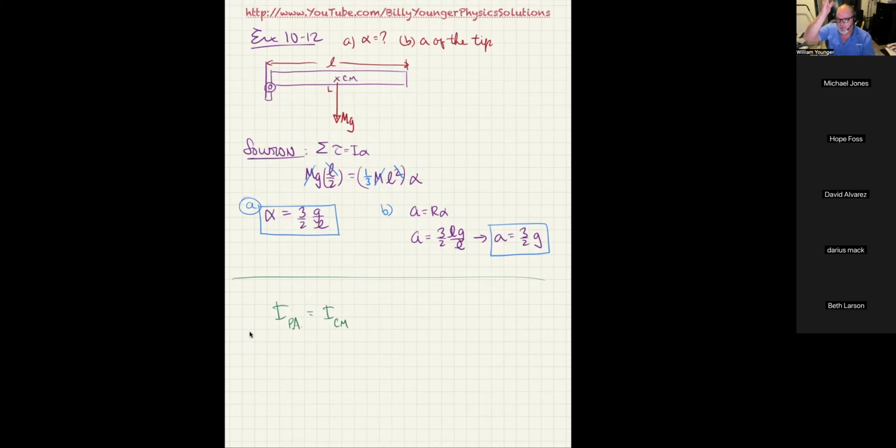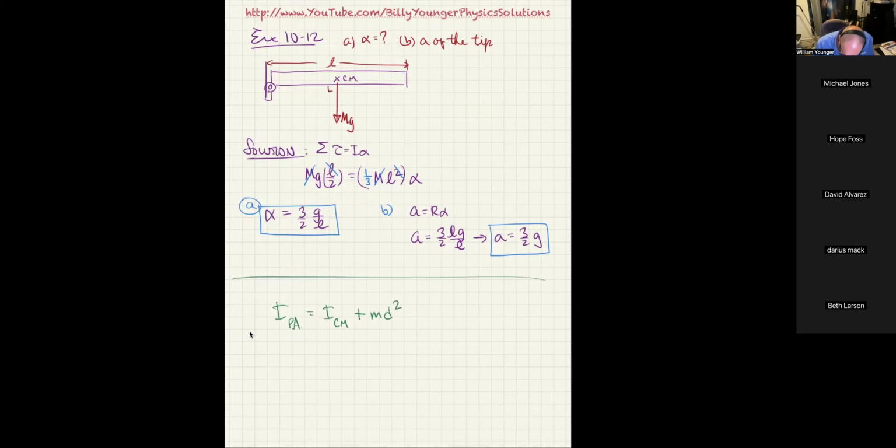That's the 1/12 ml squared we got when rotated about the center of mass. But for the parallel axis theorem, you now take the mass m and multiply it by d, the distance between the old axis and the new axis, squared.